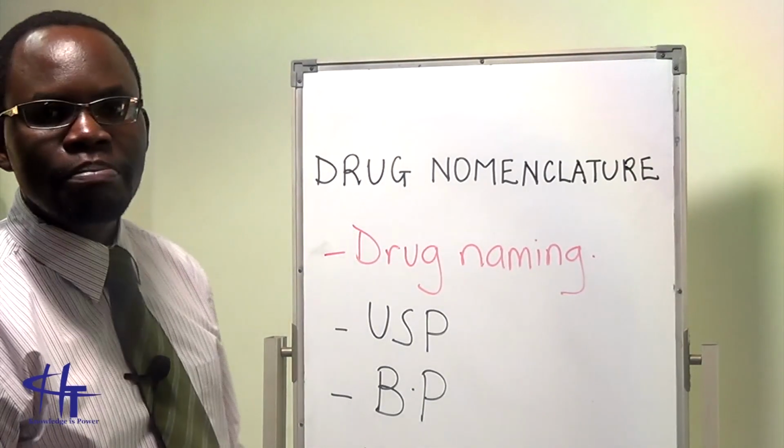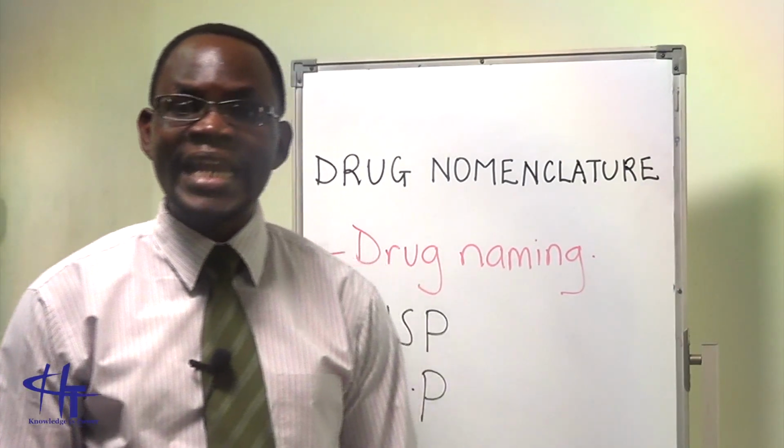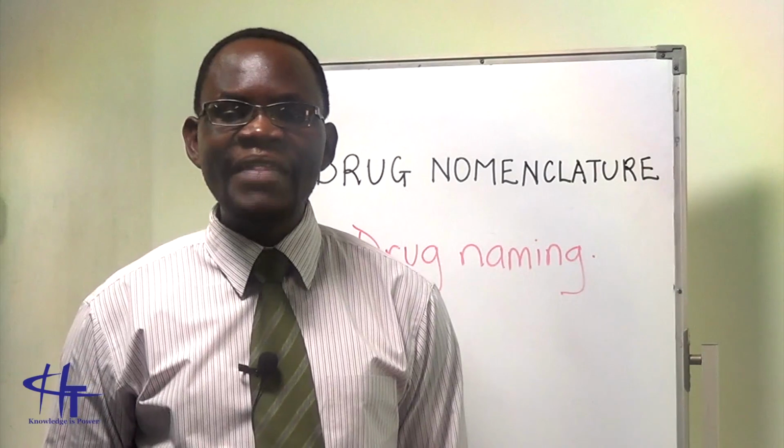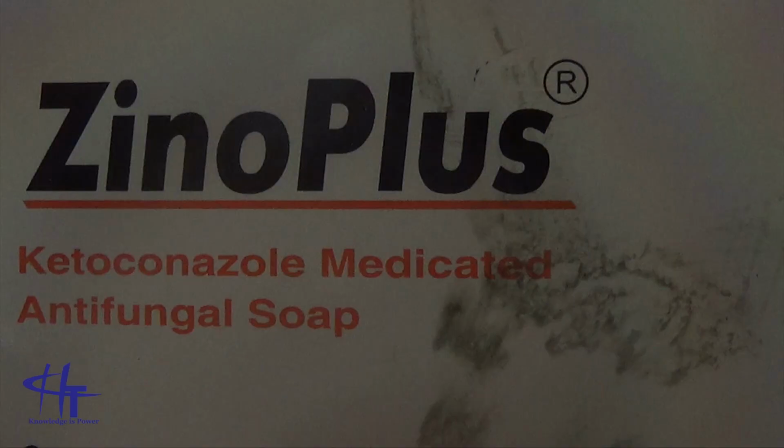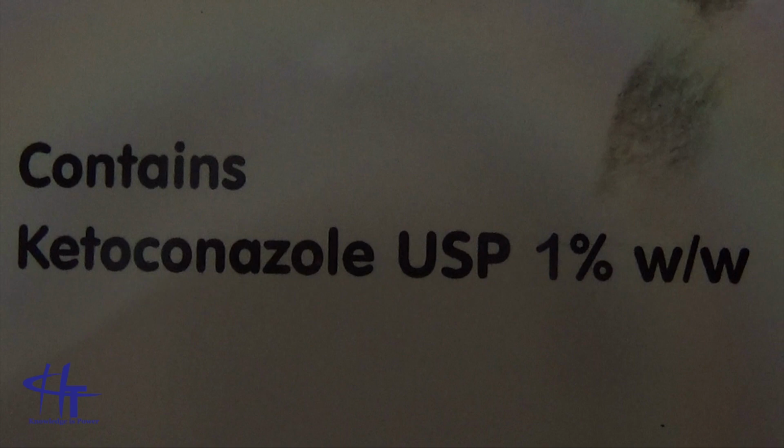So that necessarily means that this is the name that was given by that state or by that authority to this particular drug. I have an example of a drug, and that is none other than ketoconazole soap. Now, ketoconazole soap has a name which is called ketoconazole, and as you can see, ketoconazole followed by the acronym USP.